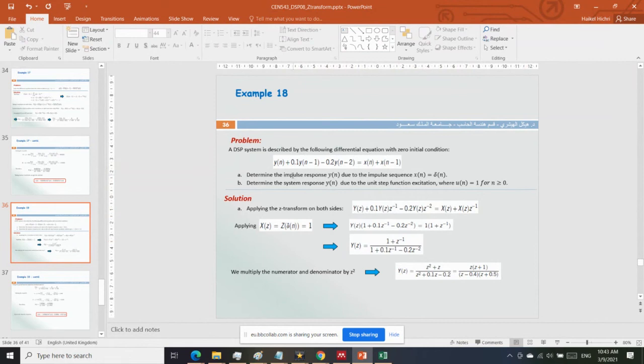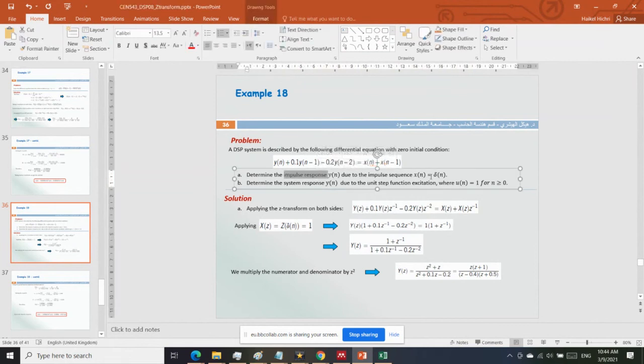Now we want the impulse response, so we want x[n] to be delta[n]. Of course, what is the z transform of the delta? 1, according to the table, 1. Okay, so that means if we want to find the z transform of the impulse response, we replace X(z) by 1.